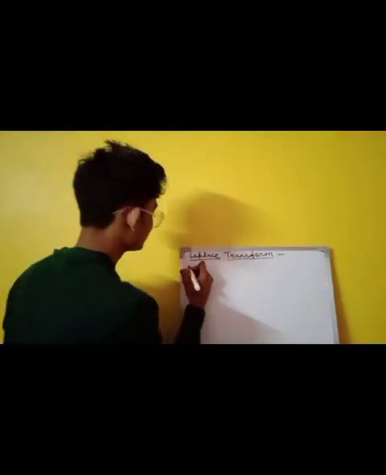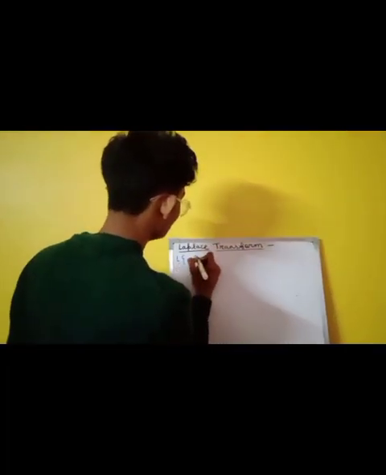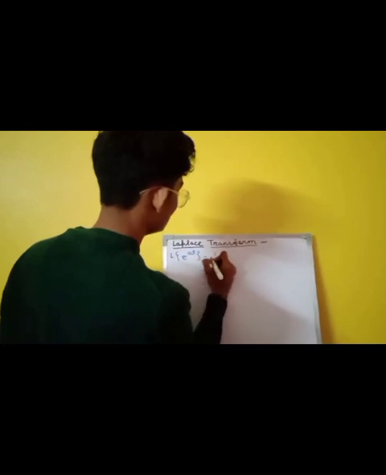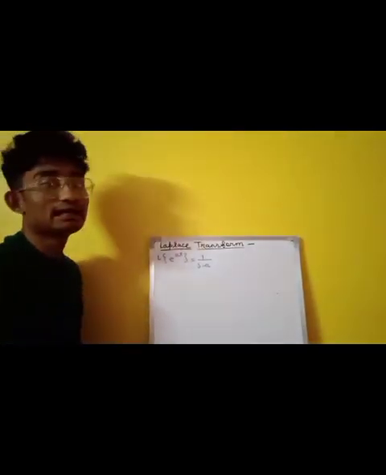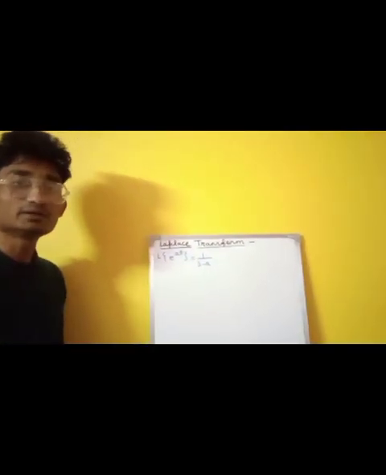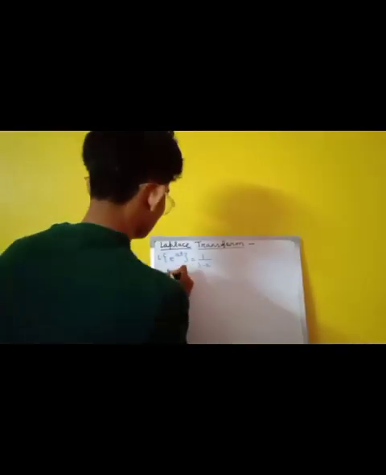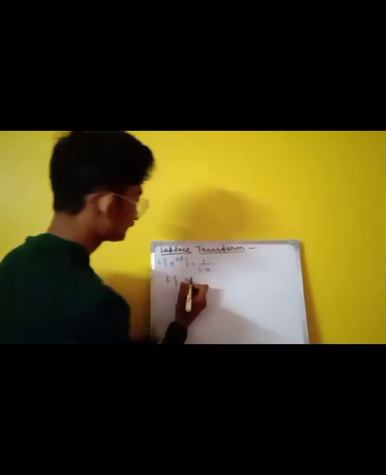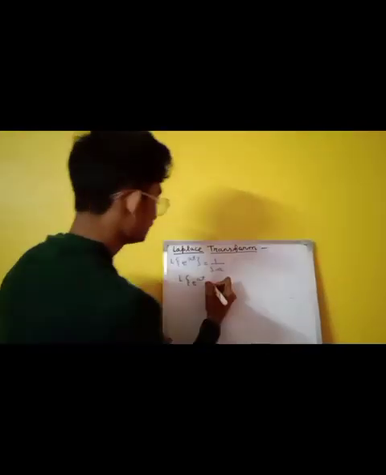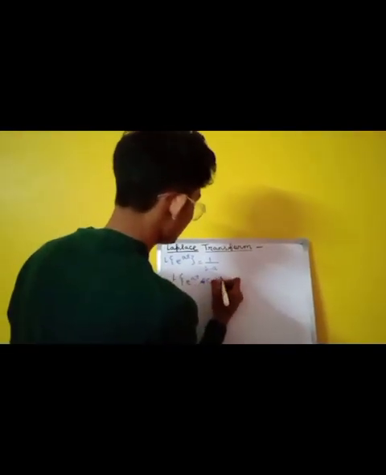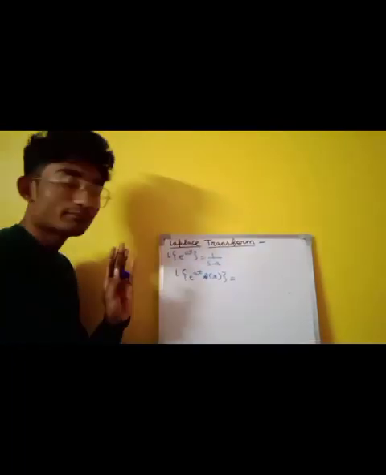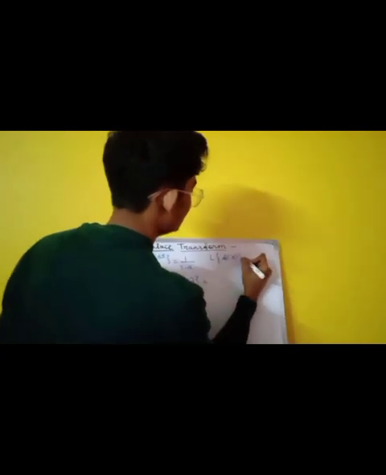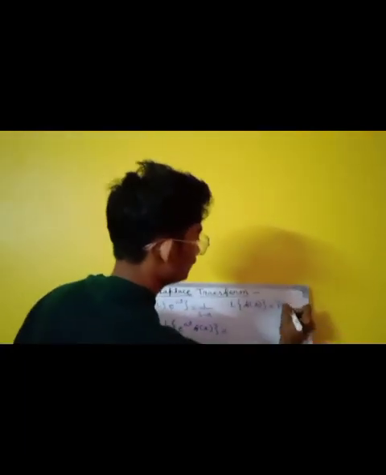So Laplace of e raised to power at was 1 upon s minus a, as I discussed and derived in our previous video. Now, if you multiply e raised to power at with the function f of t, the first condition is that Laplace of f of t is given as f bar of s.